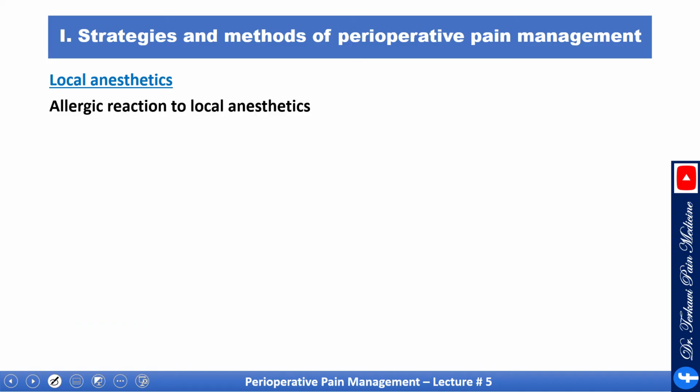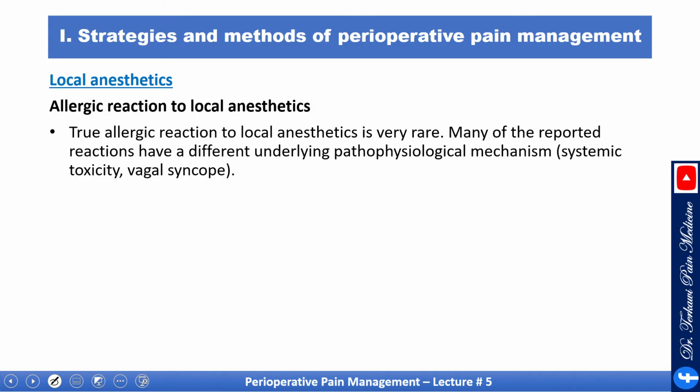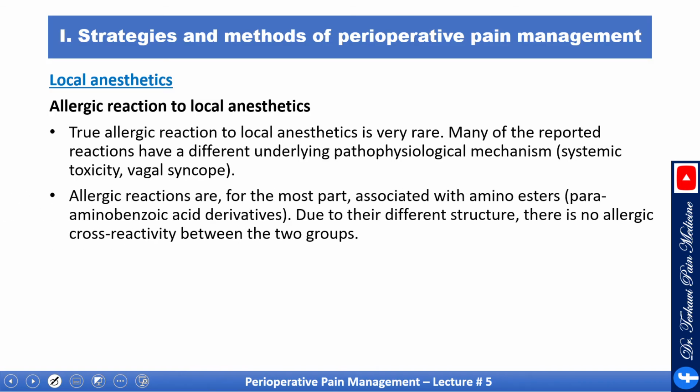Allergic reaction to local anesthetic. True allergic reaction to local anesthetic is very rare. Many of the reported reactions have a different underlying pathophysiological mechanism, like vagal response or systemic toxicity. Allergic reactions are, for the most part, associated with amino esters, with PABA, due to their different structure.